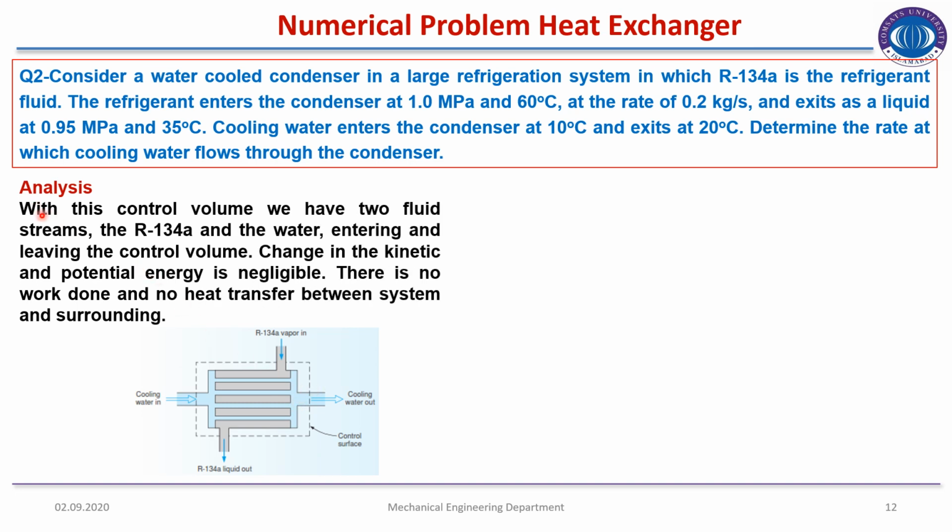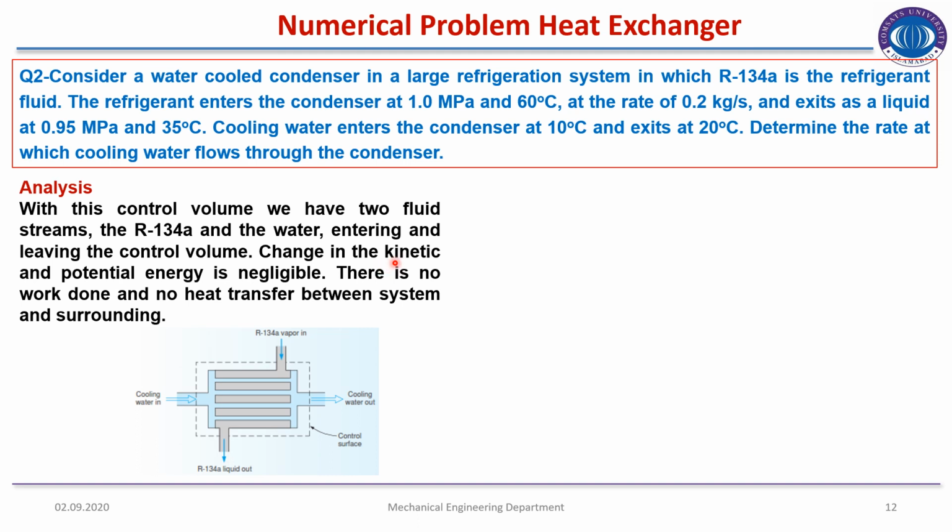So analysis with this control volume. The dotted line shows the control volume. We have two fluid streams, the R134A and the water, entering and leaving the control volume. Change in the kinetic and potential energy is negligible. Therefore, no work done and no heat transfer between the system and surrounding.